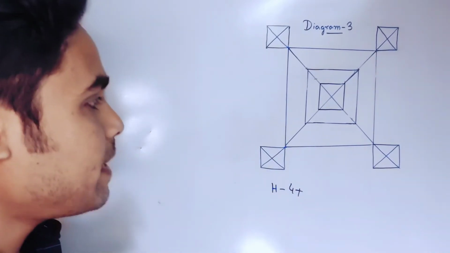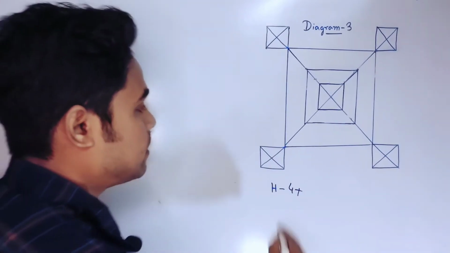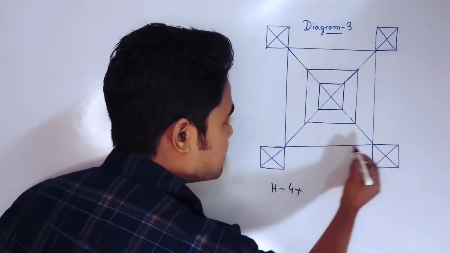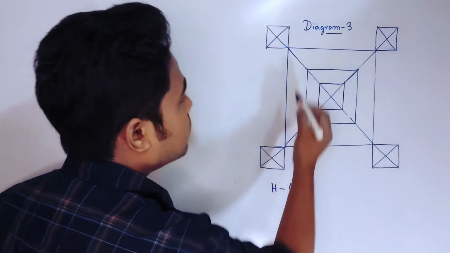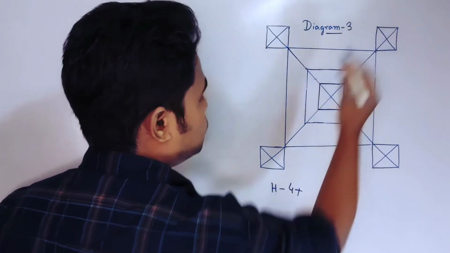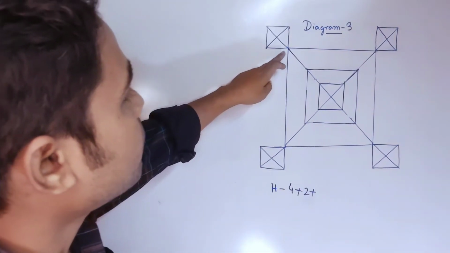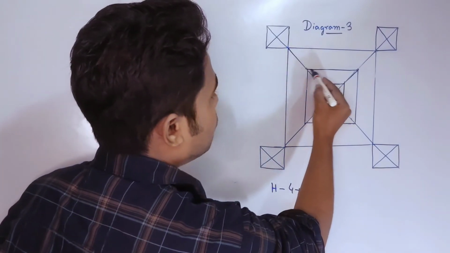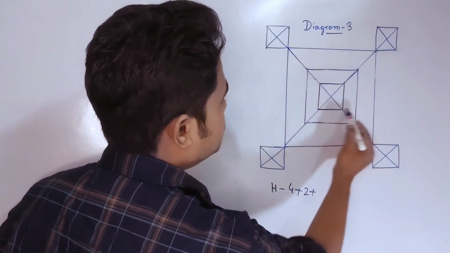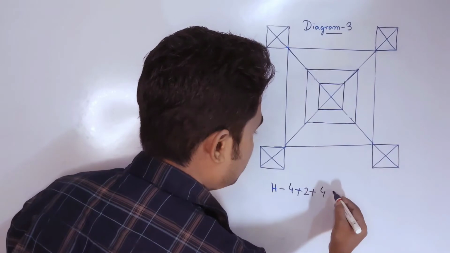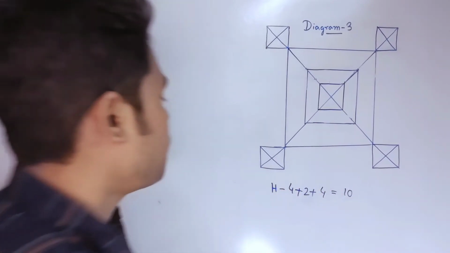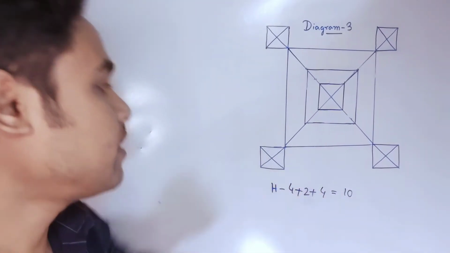No, never make any mistake over here. Okay, this is a single straight line. So this is 1, this is another 1, 2. So write here 2. Okay, then 1, 2, 3 and 4. So 4. So how many horizontal lines are there? There are 10 horizontal lines.